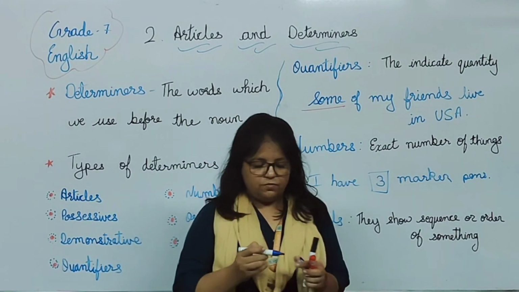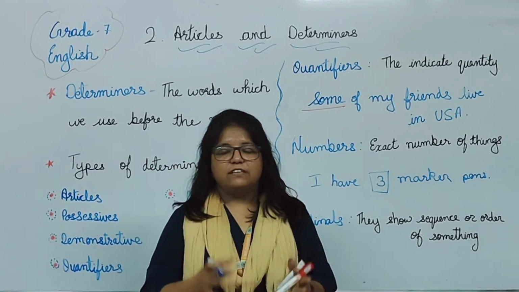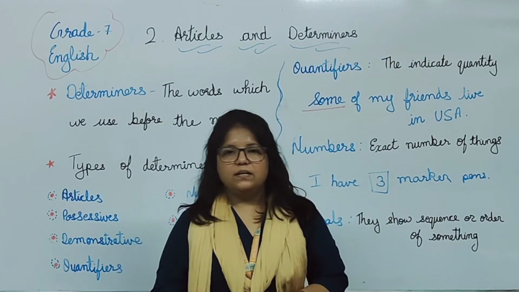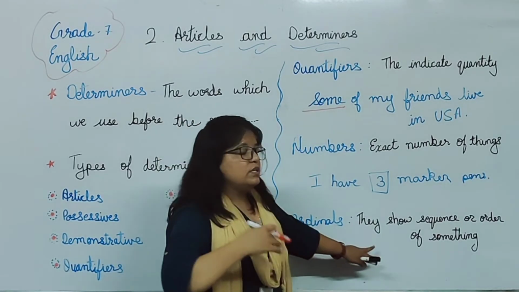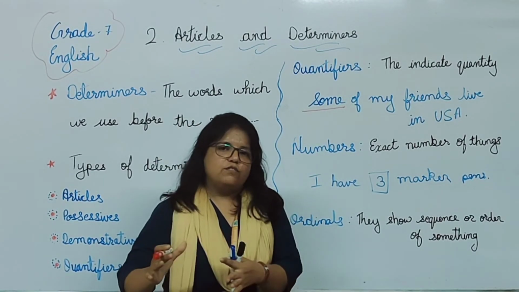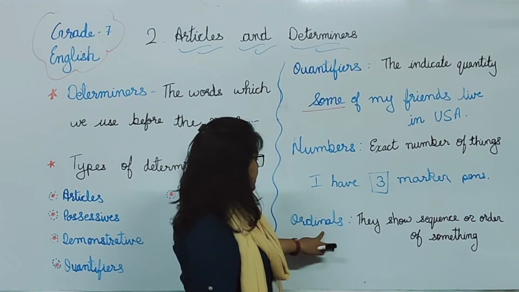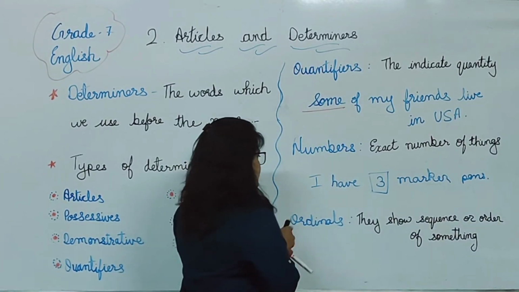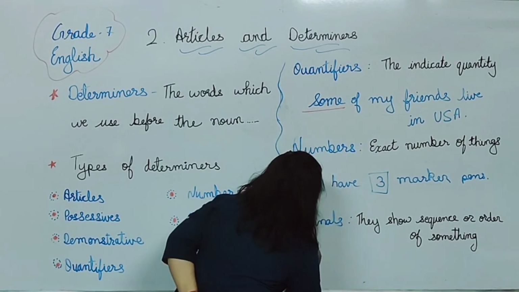Next is ordinals. We all know the ordinal numbers like first, second, third, fourth. So when these ordinal numbers are used to show the sequence or the order of something, then we call them ordinal determiners. Some examples we can take.